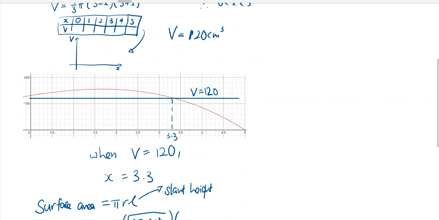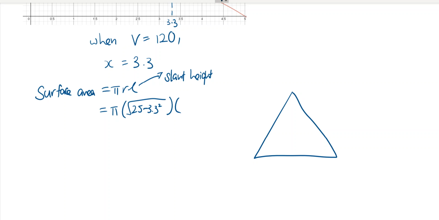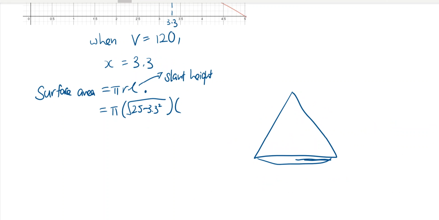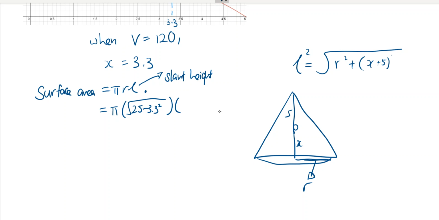I'll draw the cone here. This is the center, and they say that this is x, which means that this is 5, and this is your R. So you have to use Pythagoras' Theorem to find that L squared is equal to R squared plus (x plus 5) squared, so L is the square root of that.